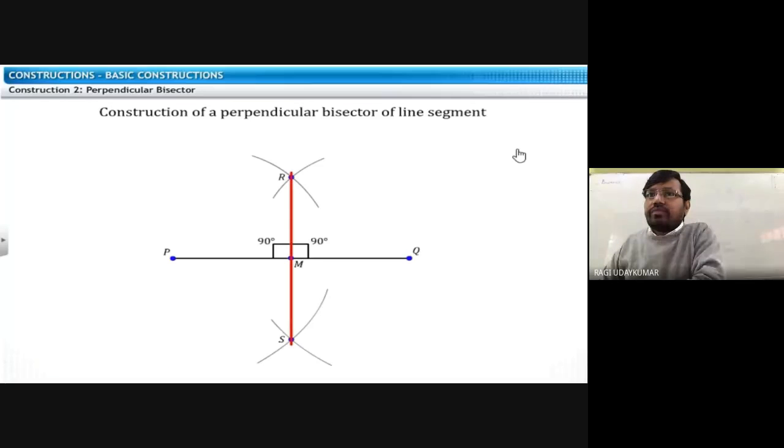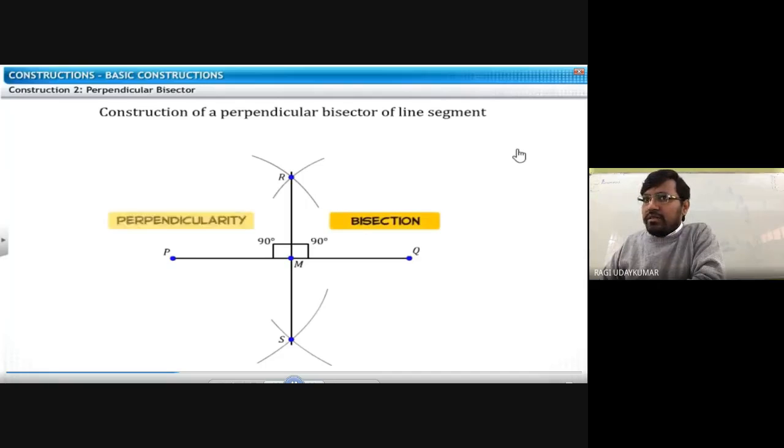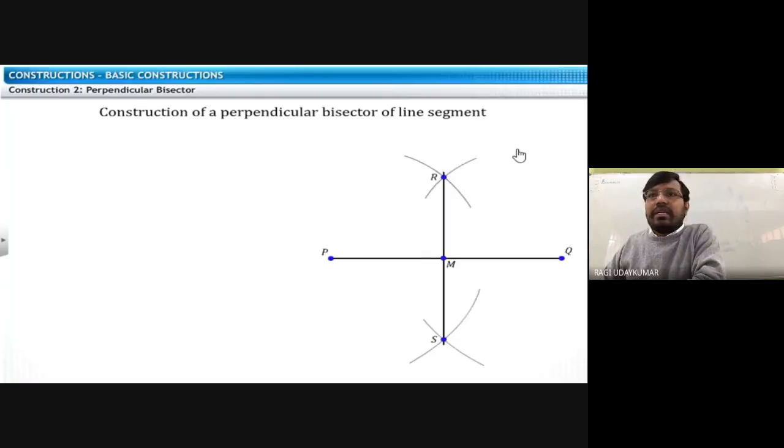Okay, PQ is a line segment and RS is a perpendicular bisector. So bisection means two, perpendicularity 90 degrees. Now you see how it bisects.